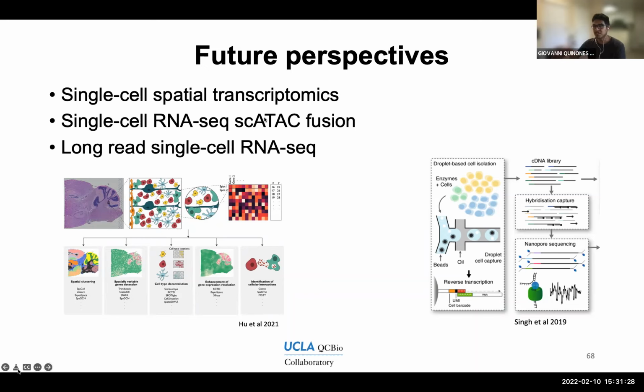And that information is captured here with the single cell ATAC-seq experiment. And just this week, actually, in one of the seminars, one professor was presenting the approach that they developed in order to merge these two types of technologies.